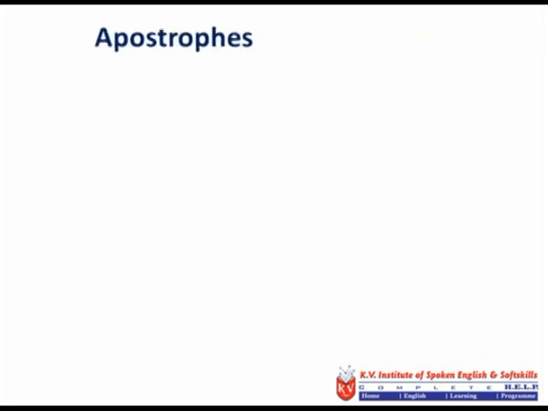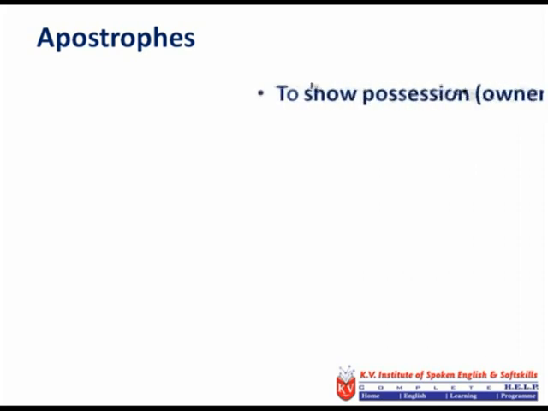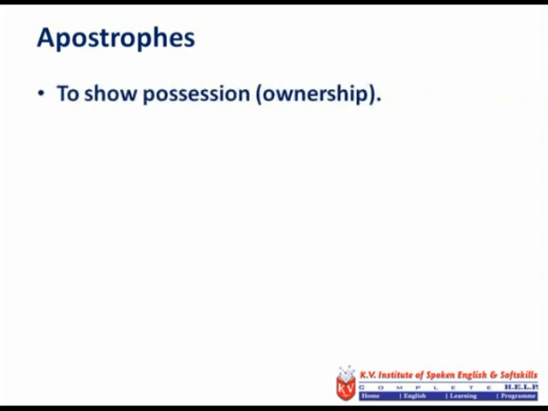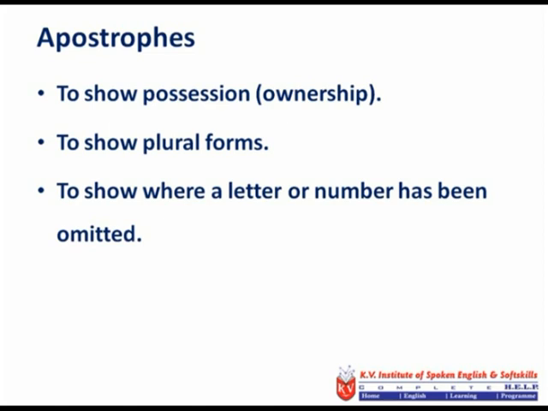Let's see apostrophes. The apostrophe is mainly used in 3 ways: to show possession or ownership, to show plural forms, and to show where a letter or number has been omitted.